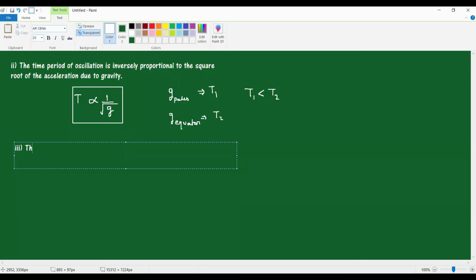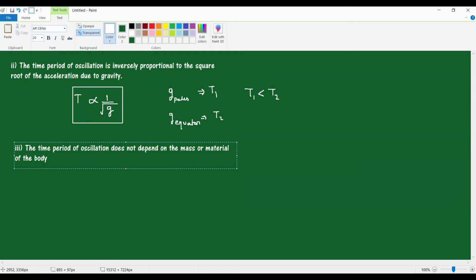Remember this. The time period of oscillation does not depend upon the mass or material of the body suspended, which is also known as bob. Remember this point, very important.